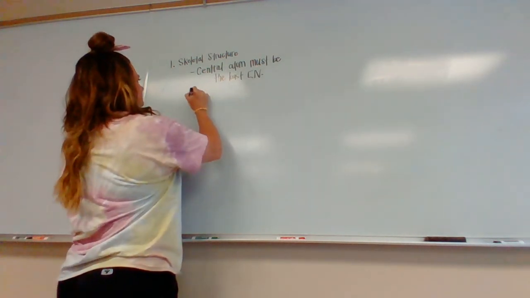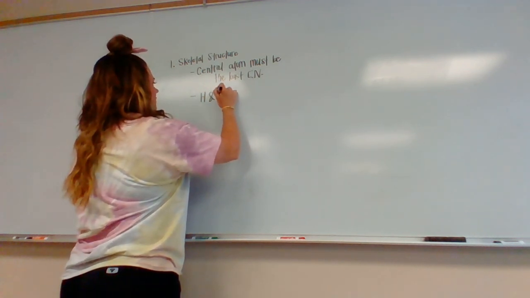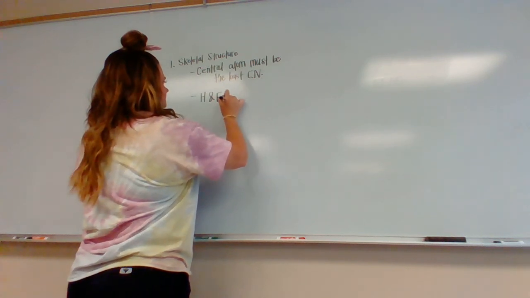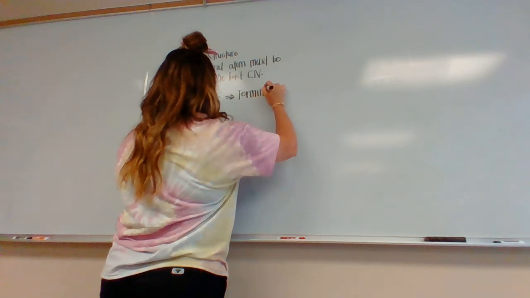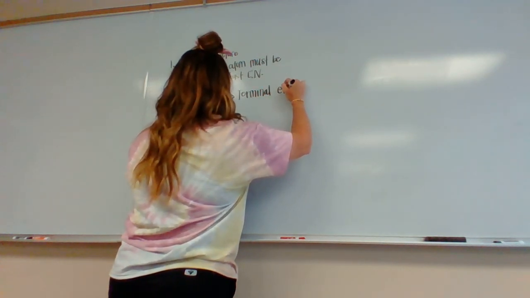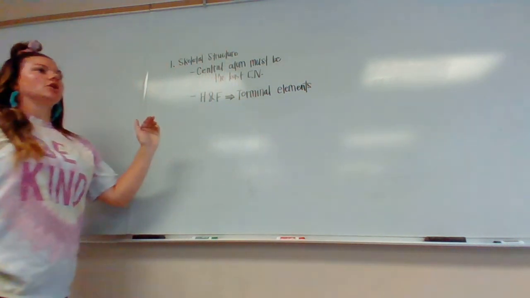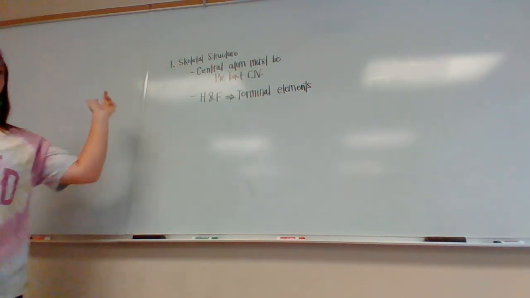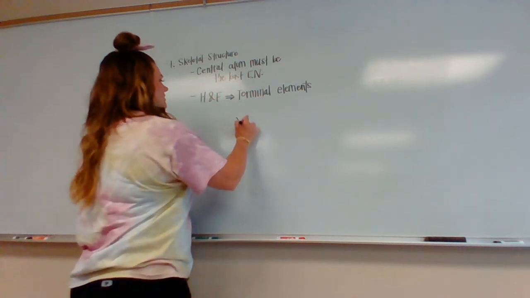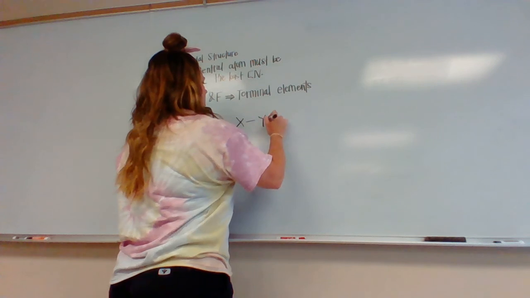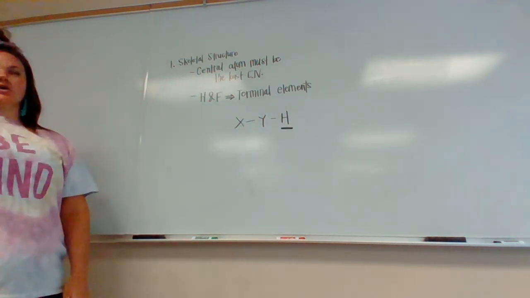Let me add something here. Hydrogen and fluorine are always terminal elements, never ever central elements. By terminal, I mean has to be on the outside of whatever I'm talking about.